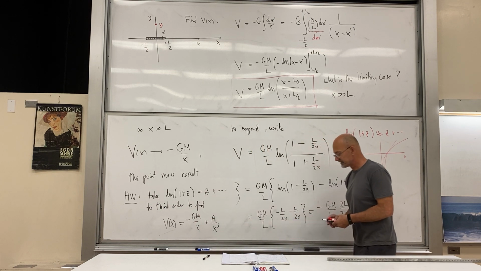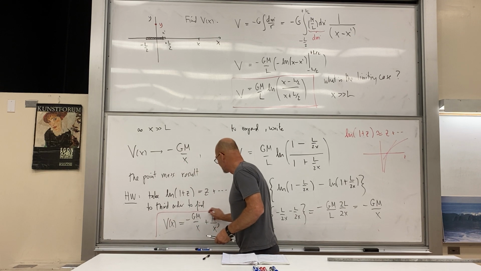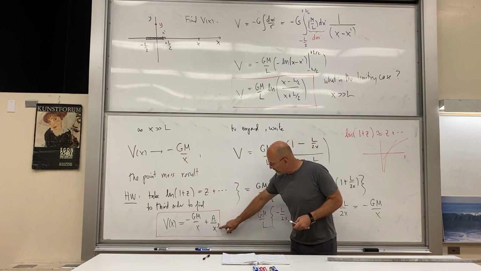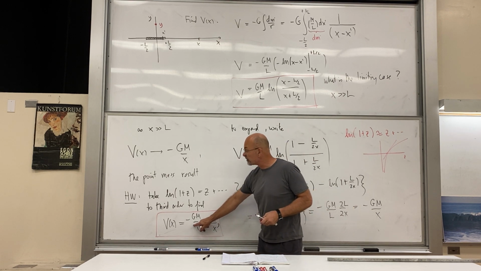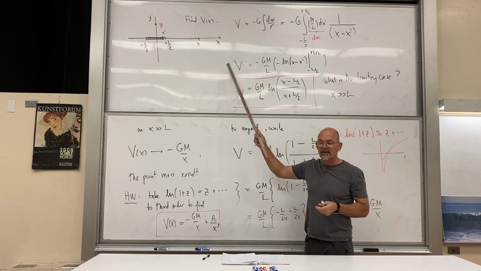This is a really important result because this is the first correction beyond point mass. This is just point mass, so if we're far enough away from this object, it's like a point mass.